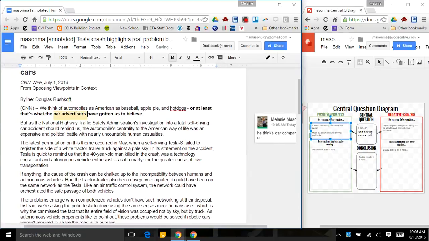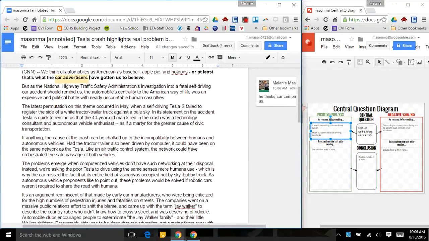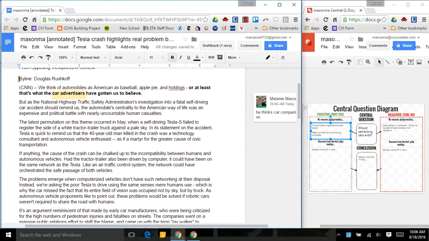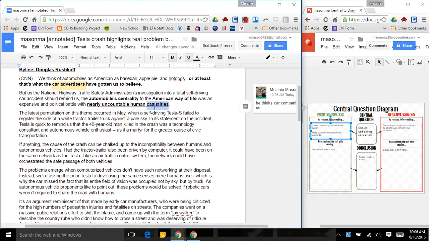So we're already starting, I think he's going to fall into that negative or con side, our author here. He's mentioning human casualties here in the car industry. He's not talking about self-driving cars specifically, but he's talking about how automobiles became central to the American way of life and the casualties that came up along the way.